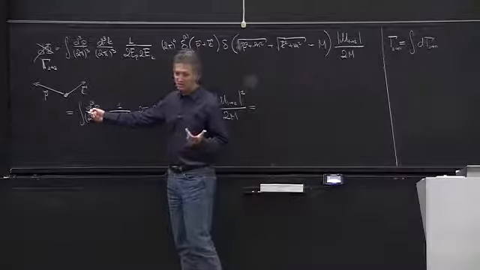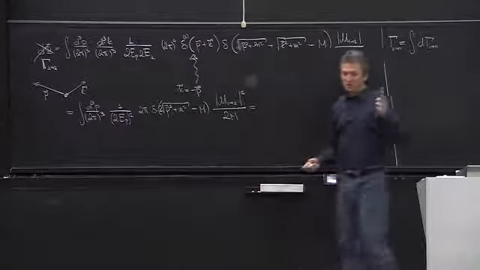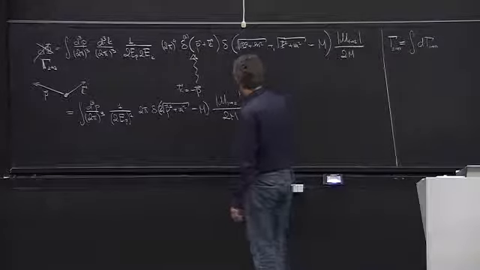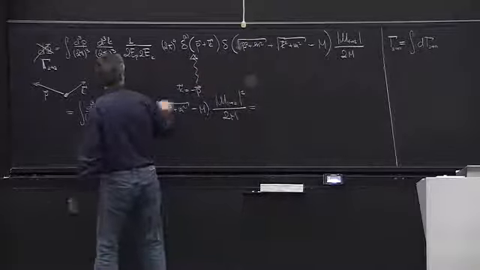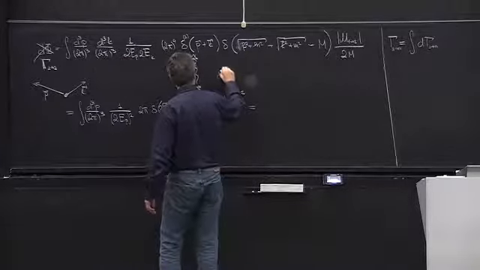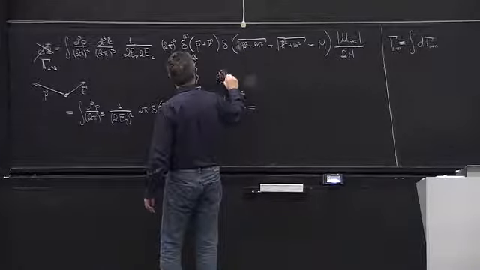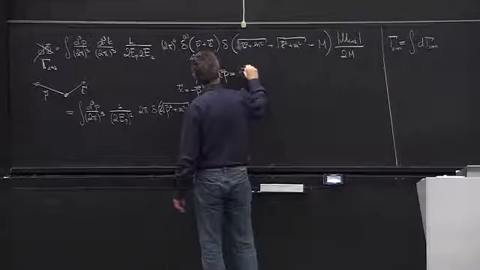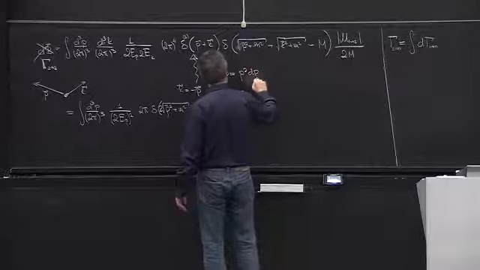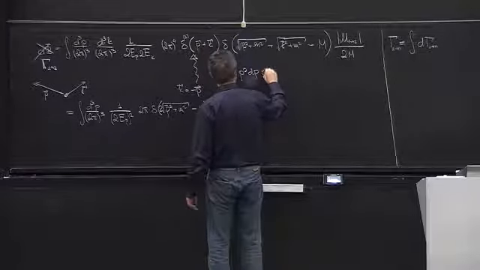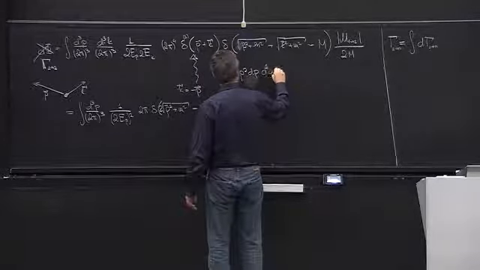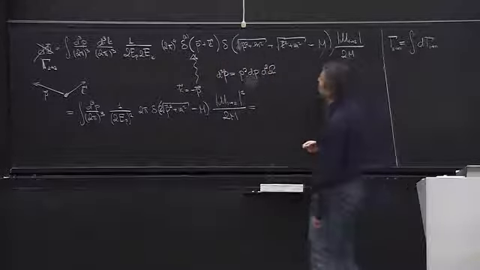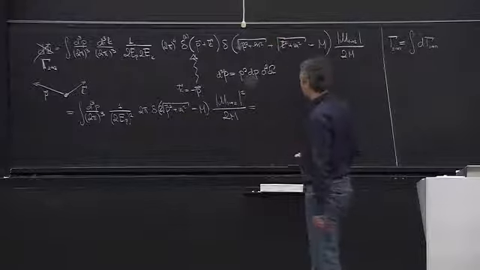From these three integrations, one is fixed by the delta function. So I write my three-dimensional volume element in momentum space as p squared dp times the two-dimensional solid angle, as written in the picture above.